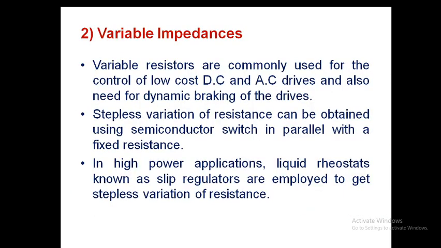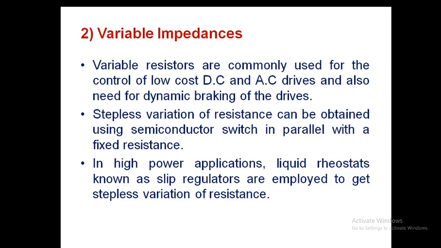The other part of the power modulator is variable impedances. Here, variable resistors are commonly used for the control of low cost DC and AC drives, and also for dynamic braking of the drives. In dynamic braking also we use a resistor or rheostat.